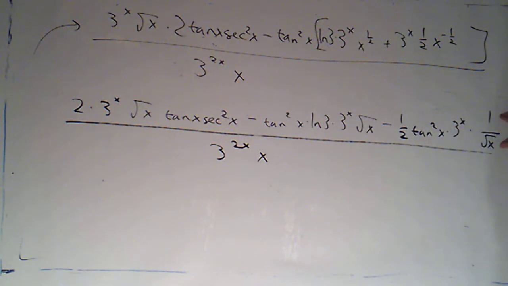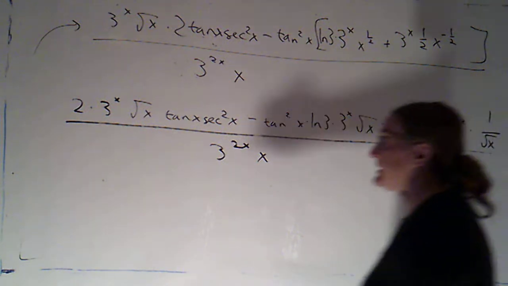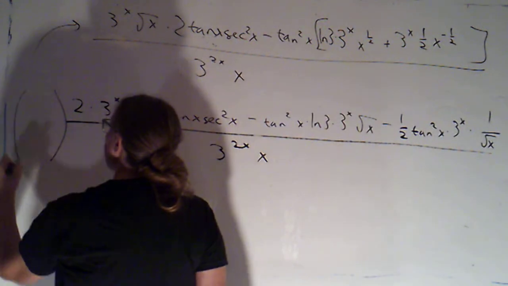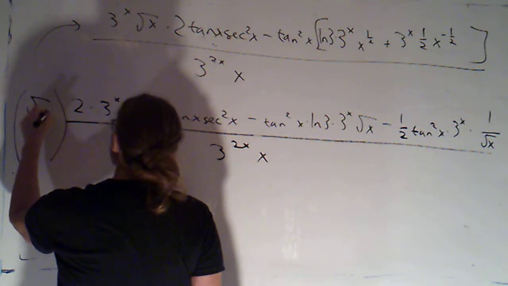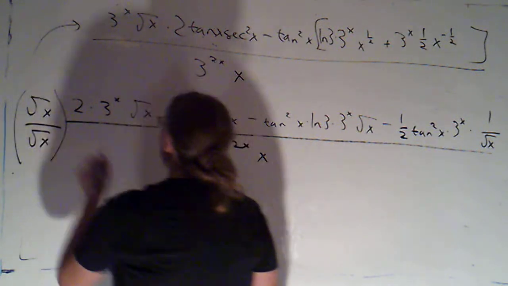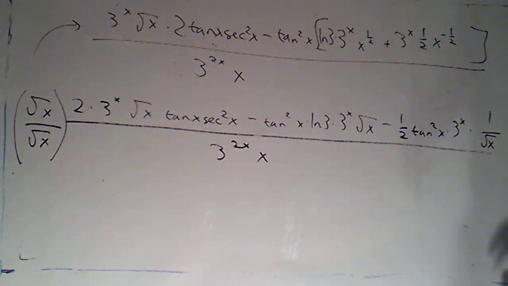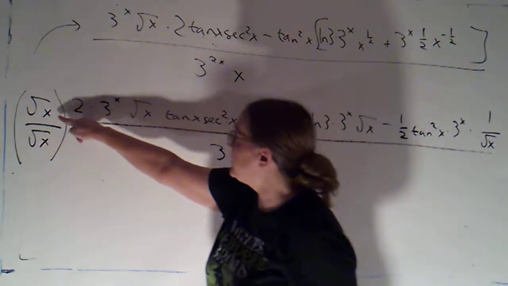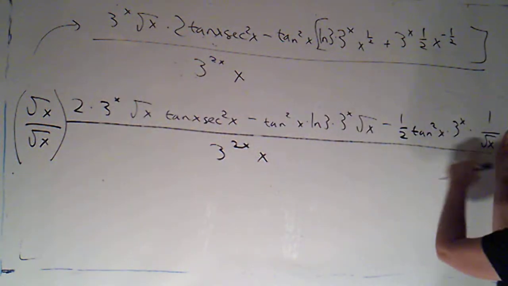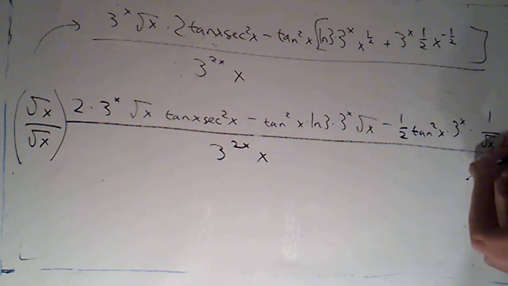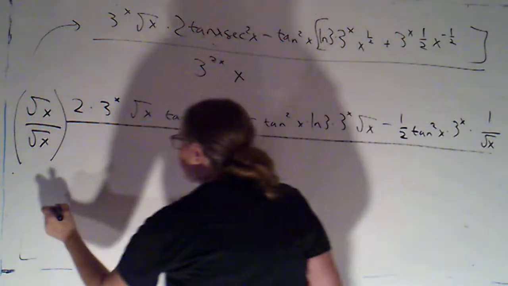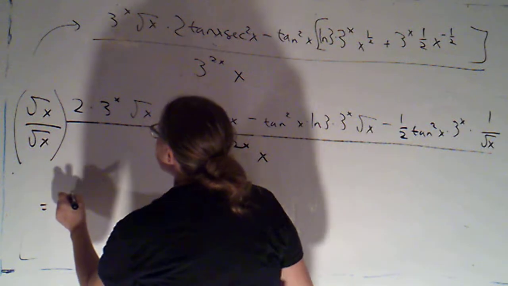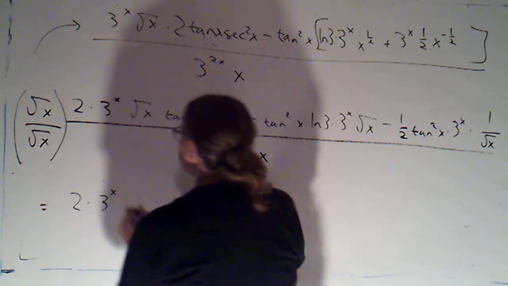So now, when I have a complex fraction like this, the way to simplify it would be to simply multiply by 1 in the form of root x over root x. Because what will happen is on top, I'll distribute that root x, and when I get to distributing it to this third term, it'll just cancel. So this is going to give me 2 times 3 to the x.